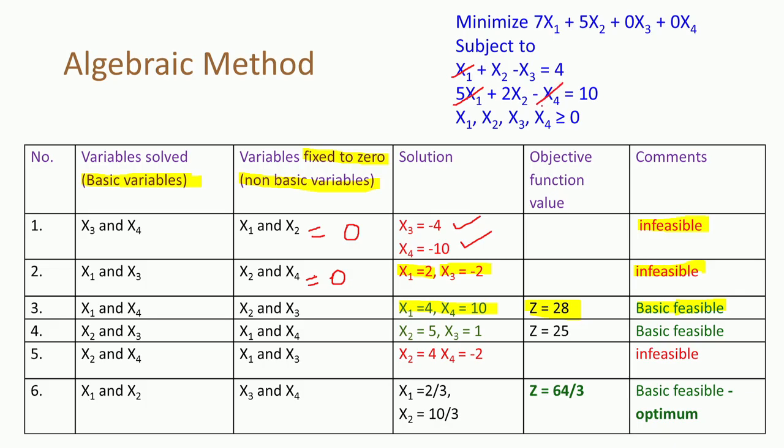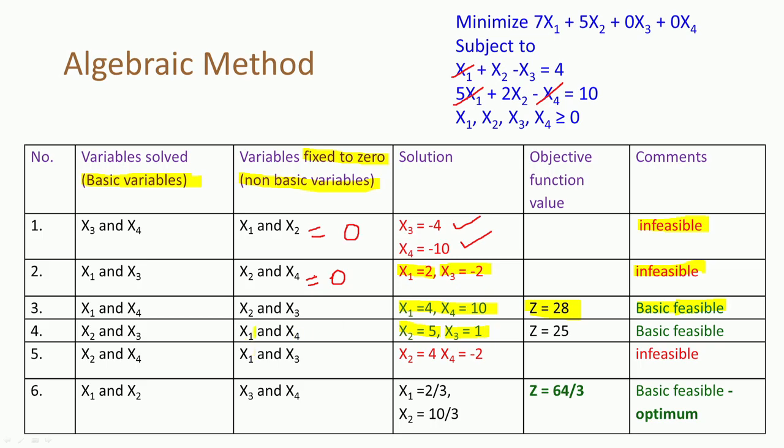So, the second equation becomes 2x2 equal to 10, from which I get x2 equal to 5, and if I substitute x2 as 5, I get 5 minus x3 is equal to 4, therefore, x3 is equal to 1.